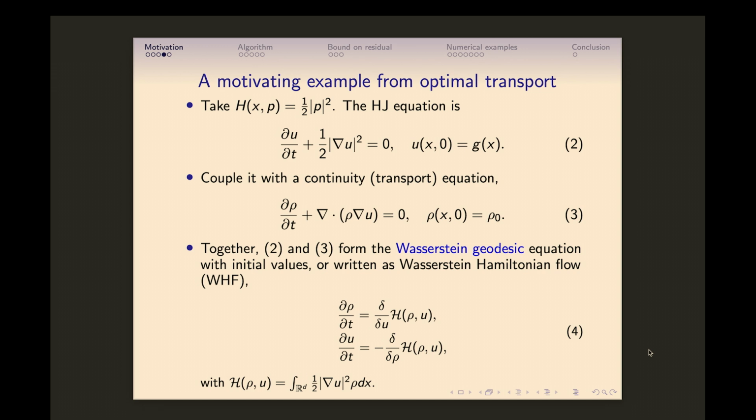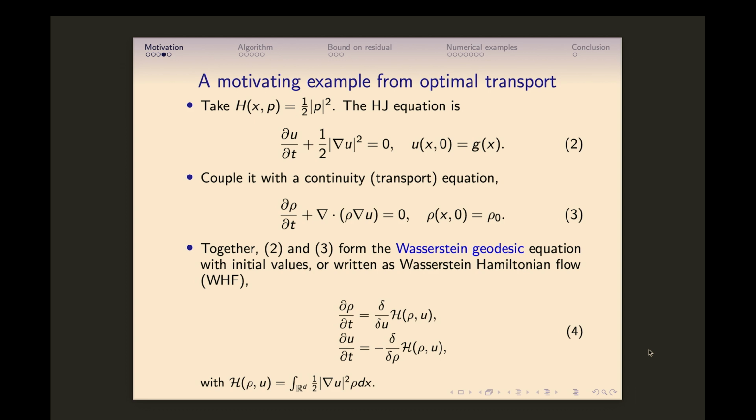Then one way that I can look at this system is by coupling it with a continuity equation. This is the standard continuity equation. You take these two together, and that's a well-known equation. It's the Wasserstein geodesic equation, except for one difference.